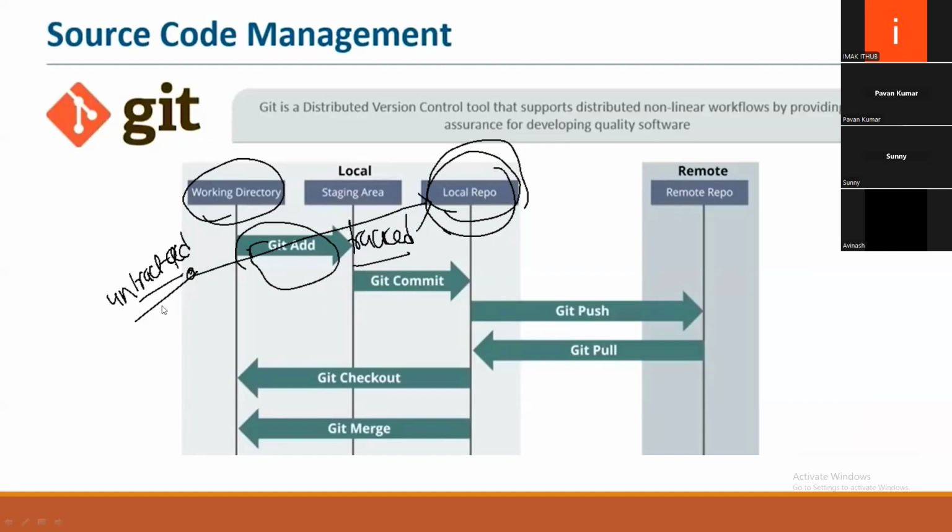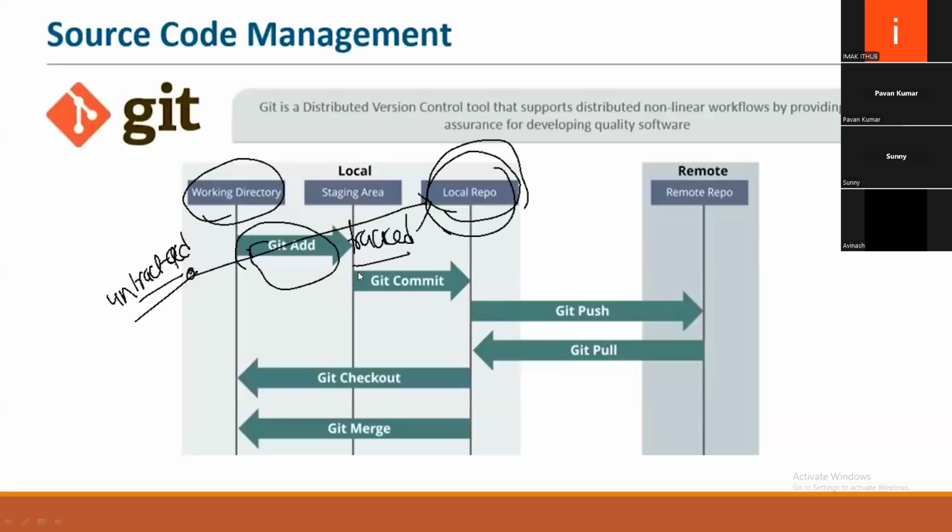For example, you created a file called Apache installation.yaml in the working copy, and Git does not know it. First we need to execute the git add command. Once git add is executed, the file goes from untracked to tracked, and the code is in the staging area.